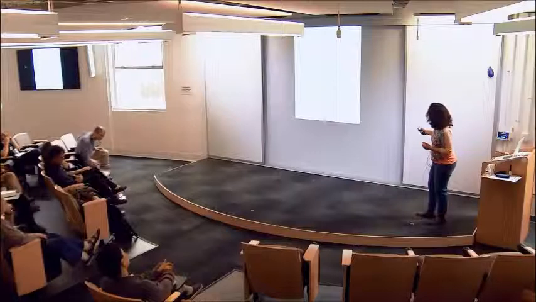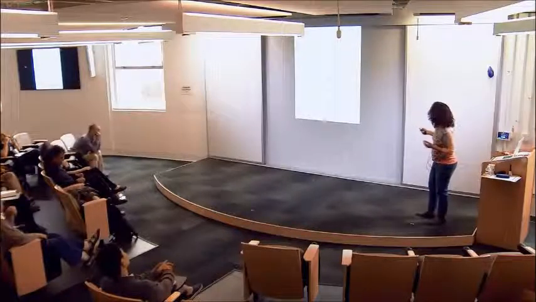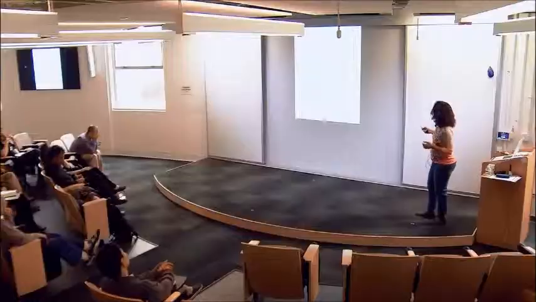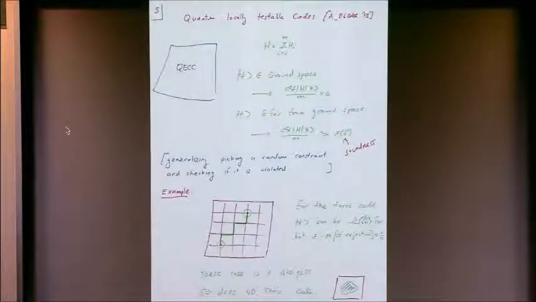For this code to be locally testable, what I would require is that first, if psi is in the ground space, then obviously the energy is 0, but this also corresponds to the probability that I would reject if I tried to measure. If I write H as a sum over Hi, then psi H psi over M is 1 over M, sum over psi Hi psi, with i going from 1 to M over all constraints.